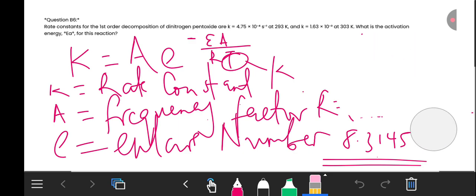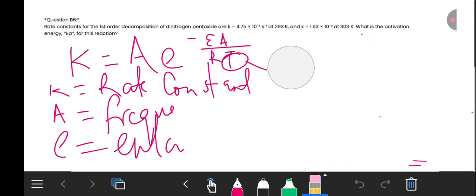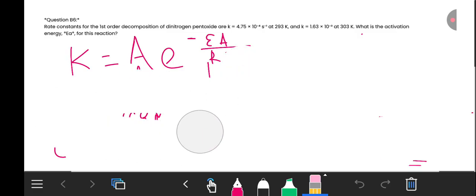So let me get rid of this. Then we will manipulate this formula so that it suits what we have.